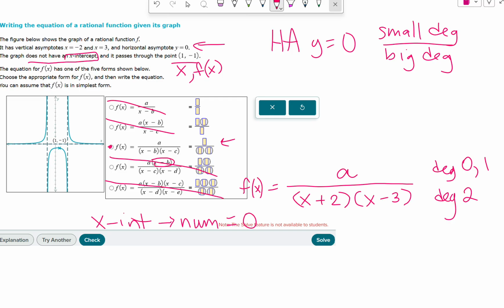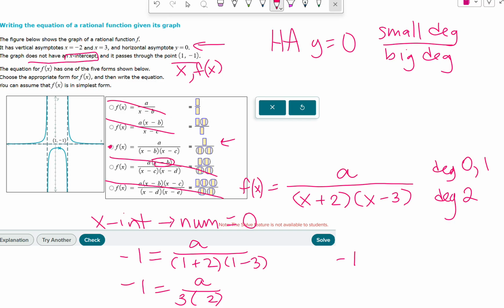All right, so my f of x is -1, and then that equals a over, my x was 1, so 1 plus 2 and 1 minus 3. All right, so now I just solve for a, so -1 equals a over 1 plus 2 is 3, 1 minus 3 is -2.